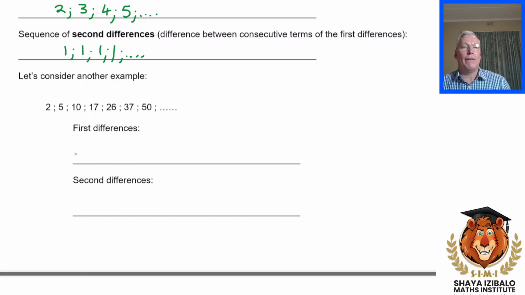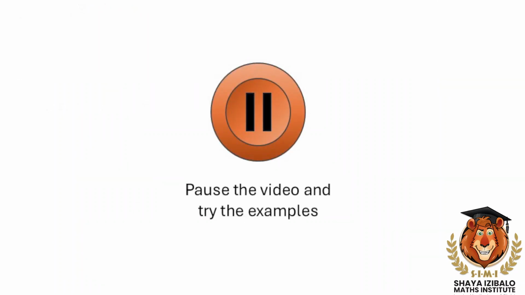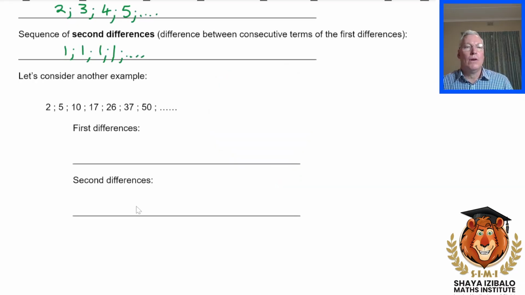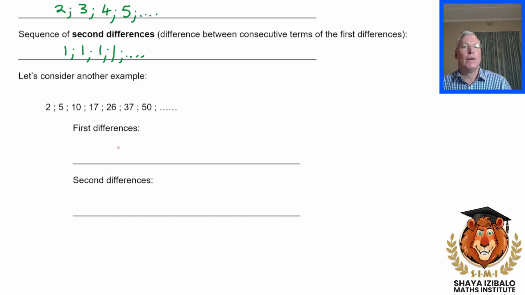Why don't you just quickly write down the first differences for this one and the second differences. We'll just pause very, very briefly. Okay, not a difficult thing to do at all. We've got our first differences, 3, then 10 minus 5 is 5, then 17 minus 10 is 7, 9, 11, 13, and so on.